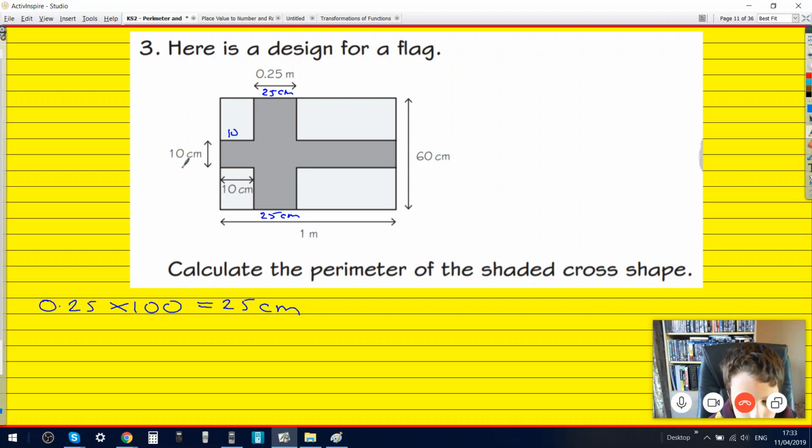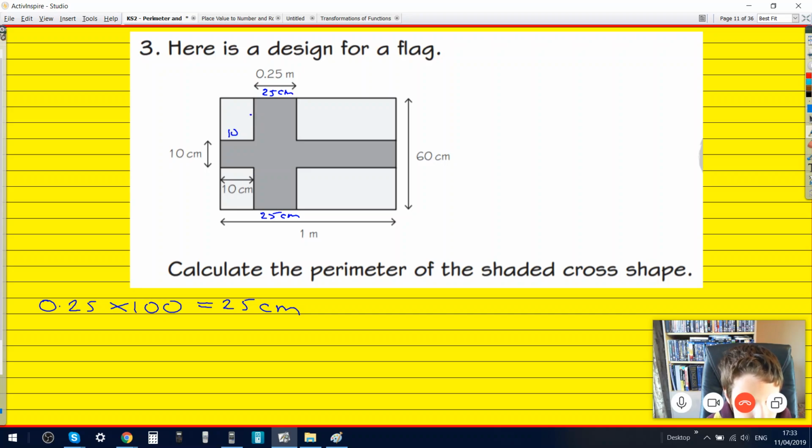But what is 50? Like the slightly longer sides in the flag. They'll both add up to 50 because this part is 10. So it's 40 then. Must be 40. No. So basically, in total, it's 60. This part in the middle is 10. So what do these two parts add up to?